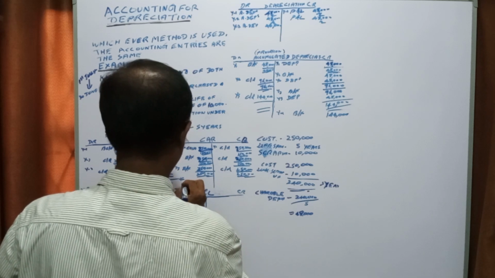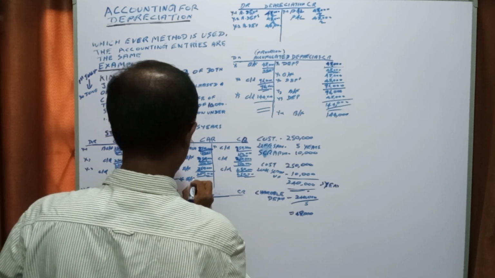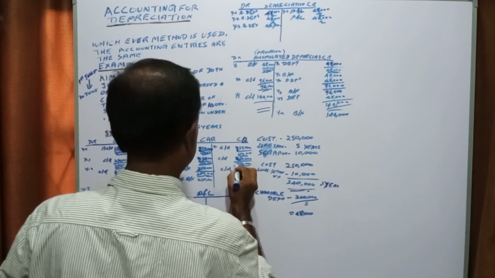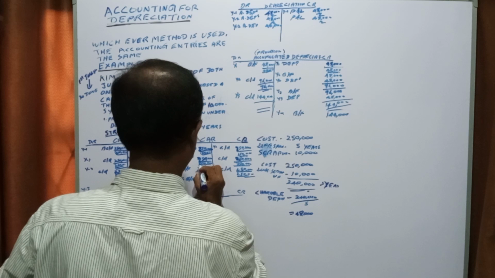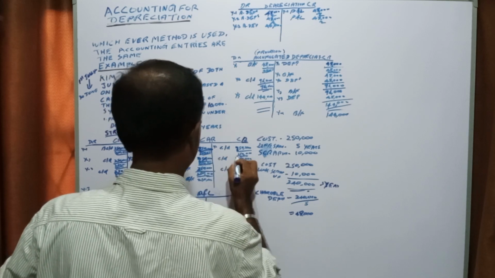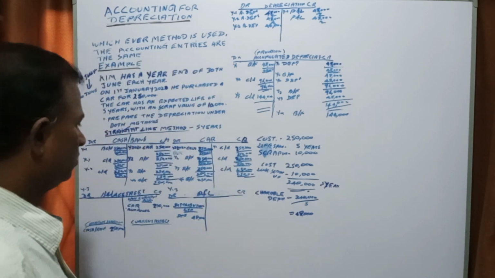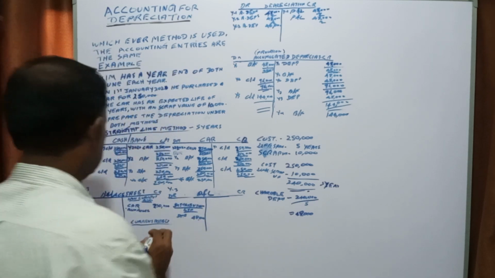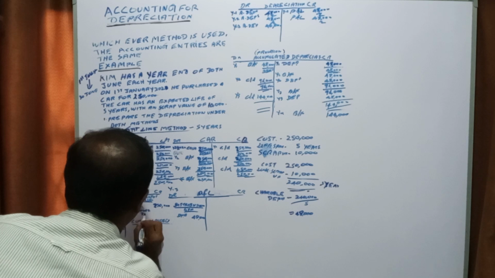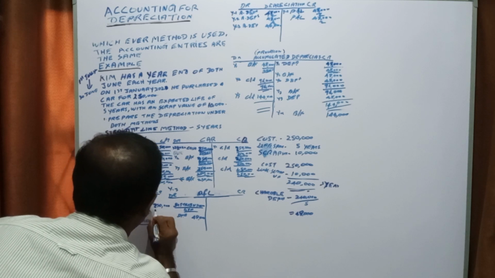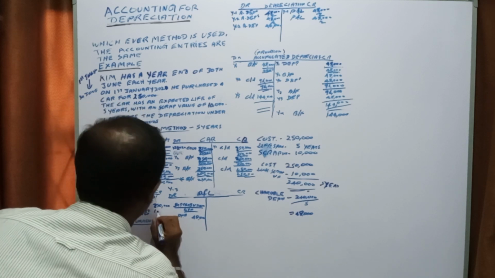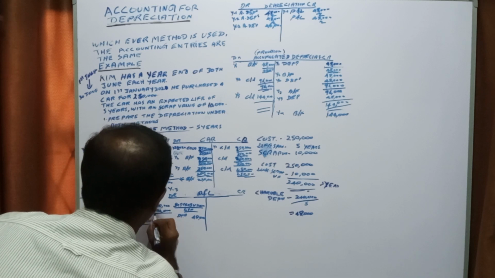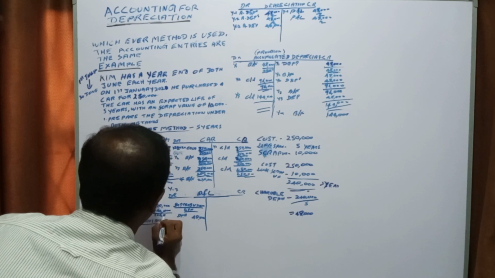Year 4 brought forward 250,000, less 48,000, and accumulated depreciation 144,000, then book value is 106,000.